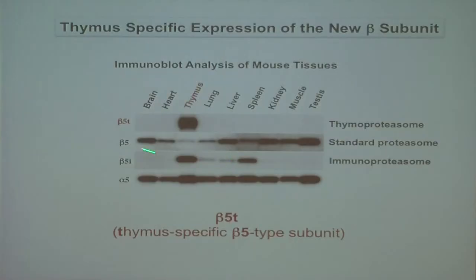And then we raised the antibody. As you can see here clearly, this new subunit is only expressed in the thymus. So therefore, we named it beta 5t.